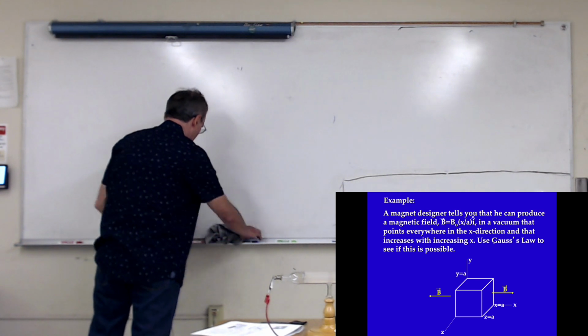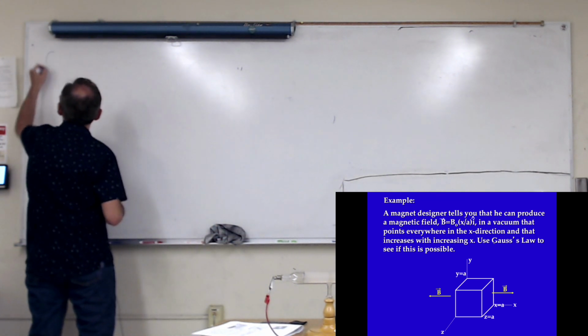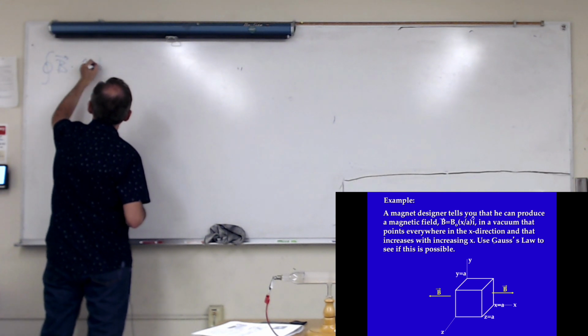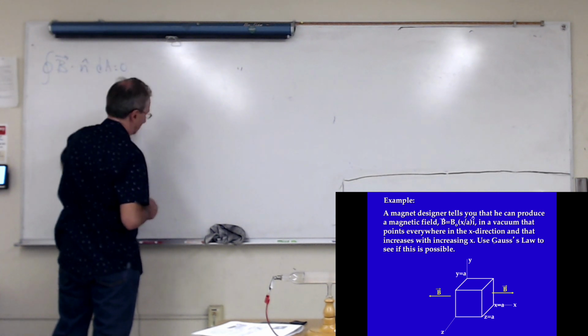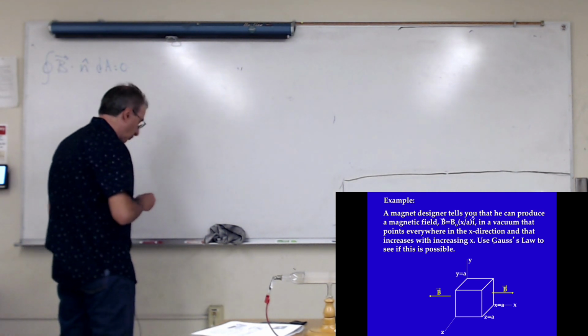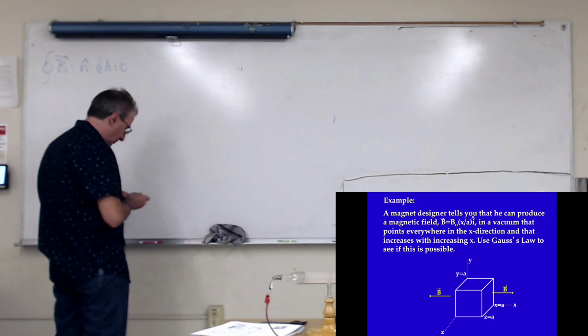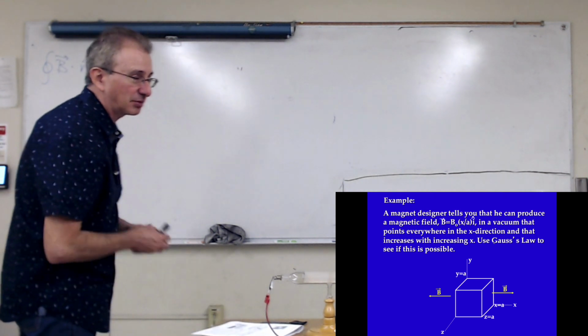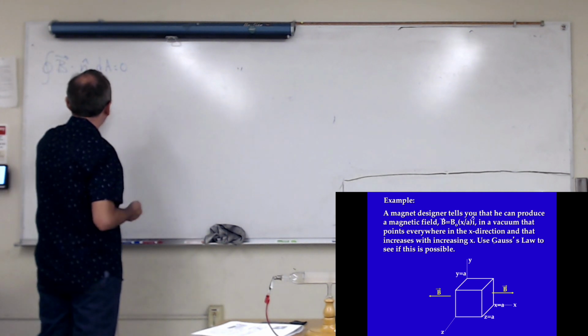So Gauss's law for magnetism says that the integral of B dot n dA equals 0. If I get 0 for this box, then we're okay. The person's telling the truth. If I don't get 0, then the person's lying to me. So let me draw my box.